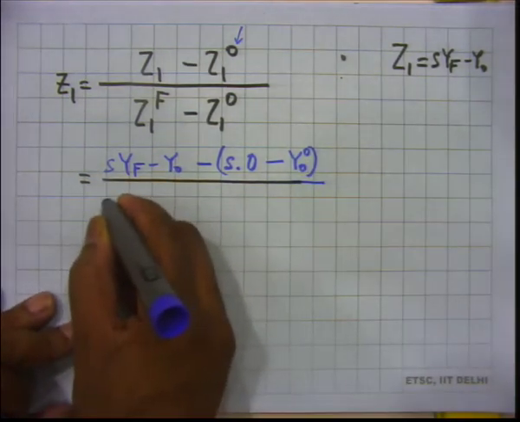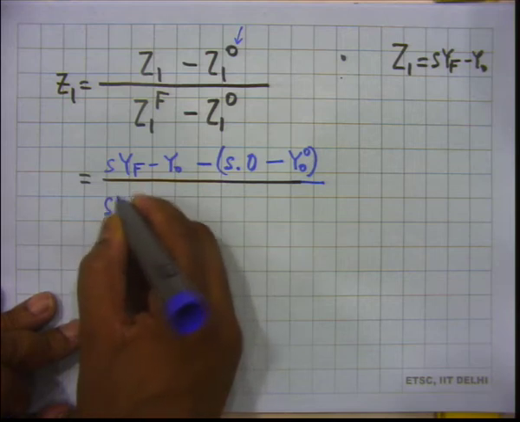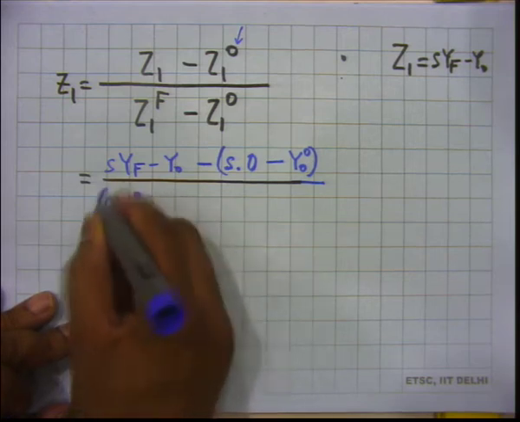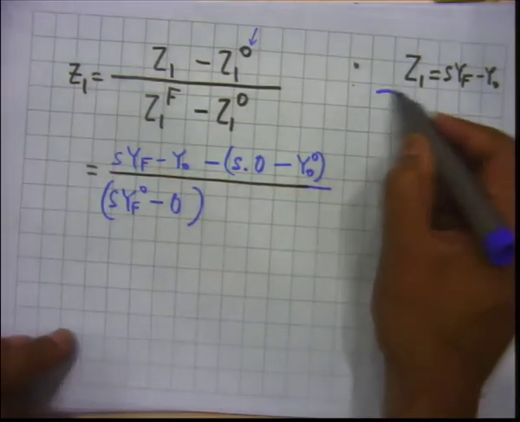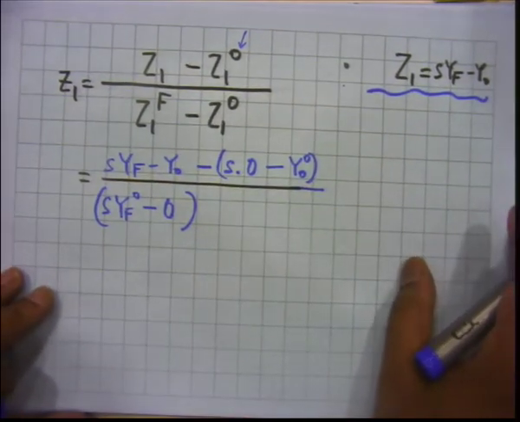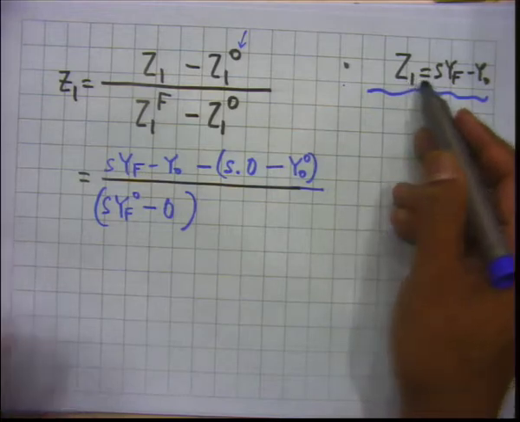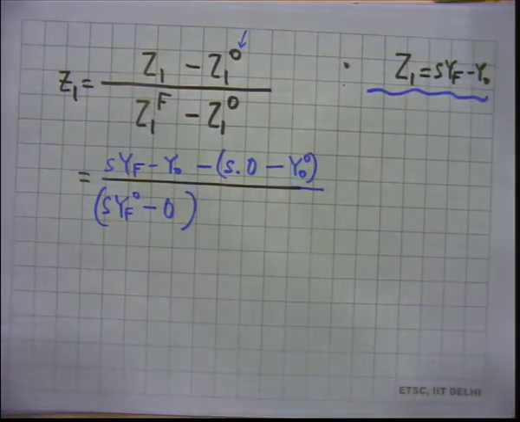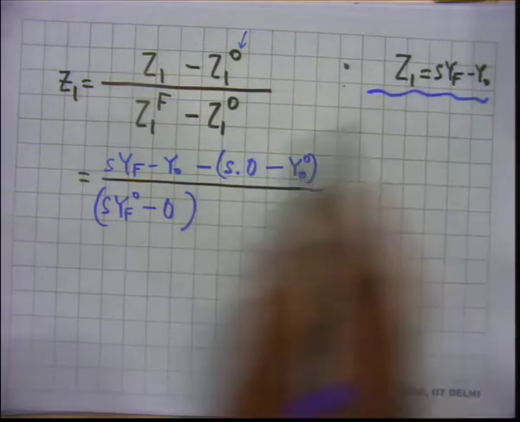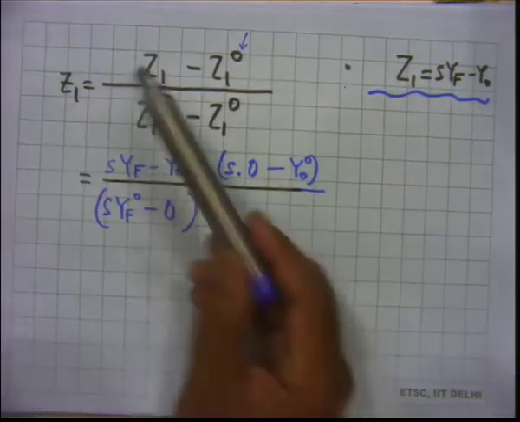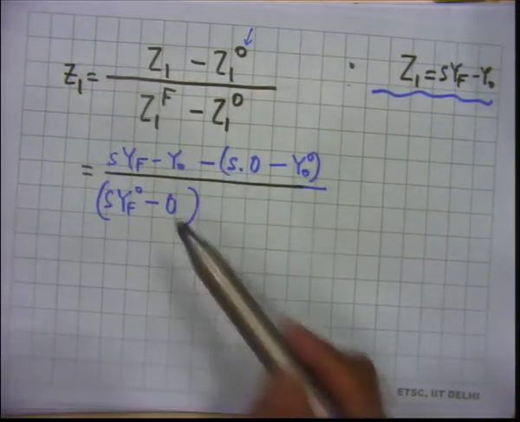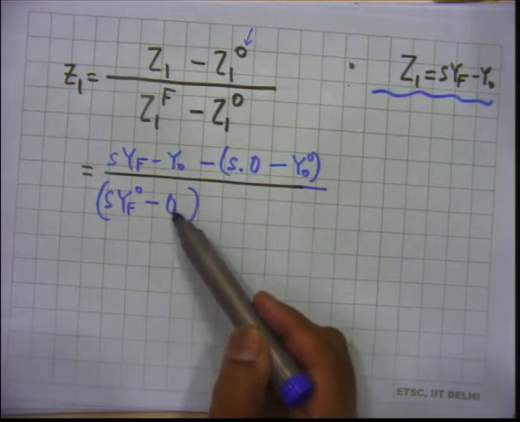And this is again S YF 0 minus 0. This is basically what Z1 is, and then we are evaluating that in the fuel stream. The oxidizer mass fraction in the fuel stream is 0, that is why this is 0.